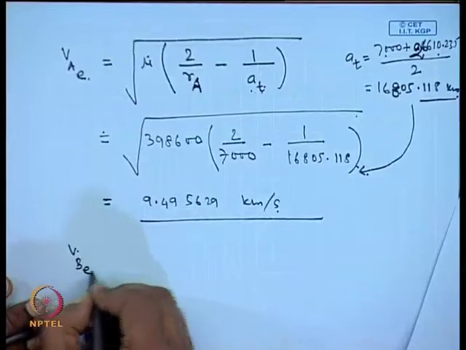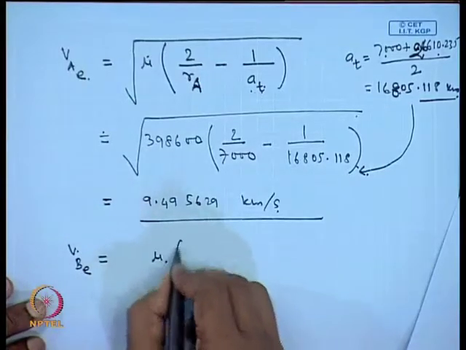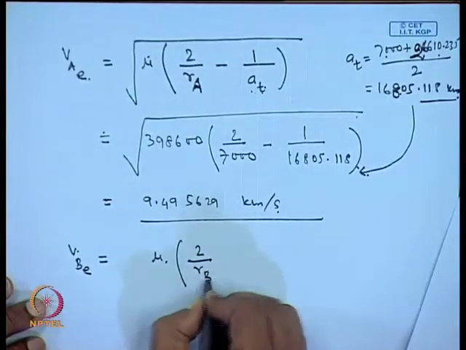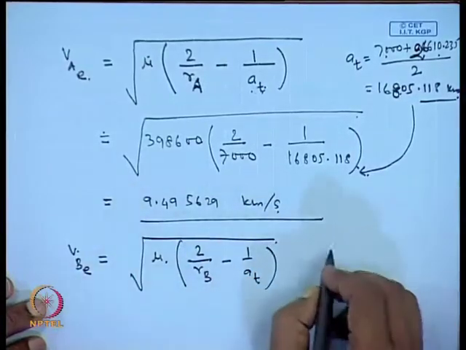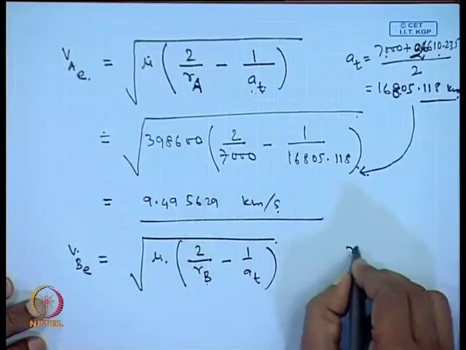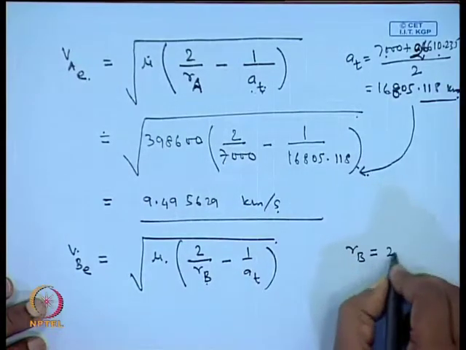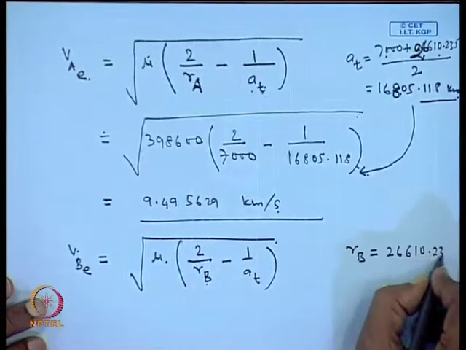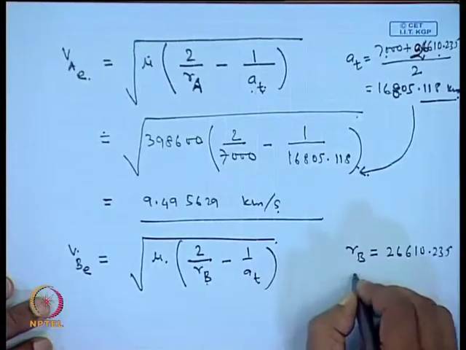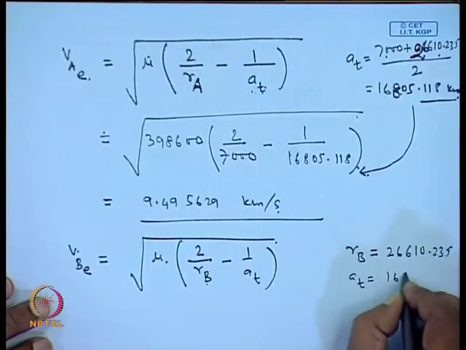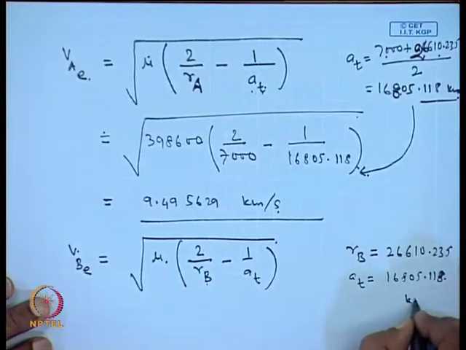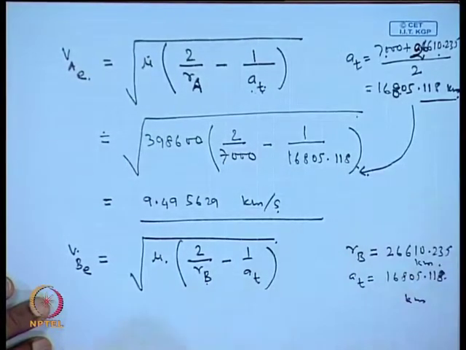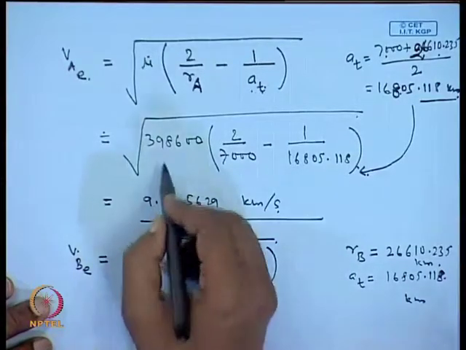So, V b in the elliptical orbit, again this can be written as under root of mu times 2 by R b minus 1 by A transfer, and R b is here 26,610.235 and A t is 16,805.118 kilometers, mu is same as given here.